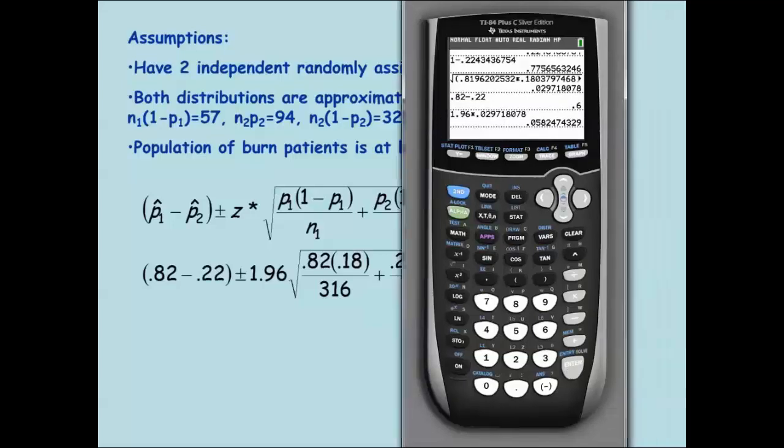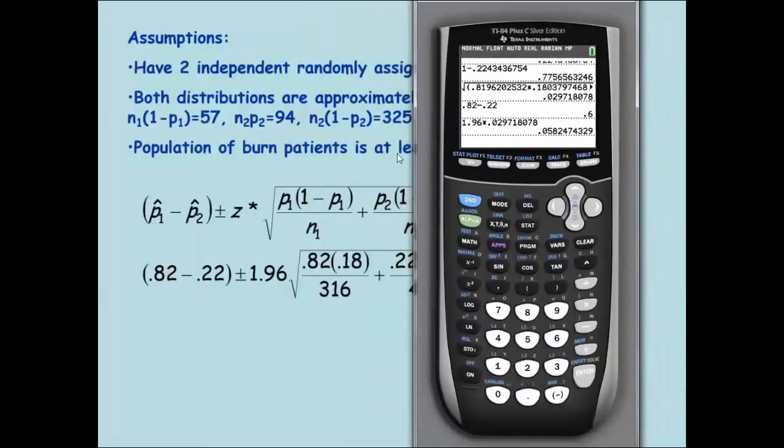Okay, so the confidence interval then would be, I'm going to add up the two values and subtract the two values. So 0.6 plus that 0.058 gives me the upper bound, and 0.6 minus that 0.058 gives me the lower bound.